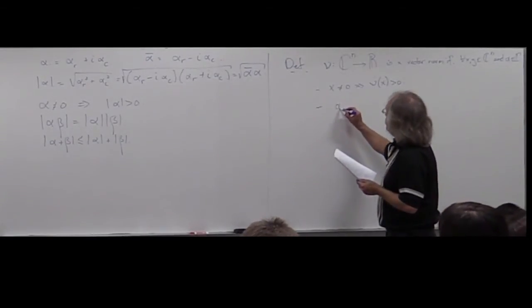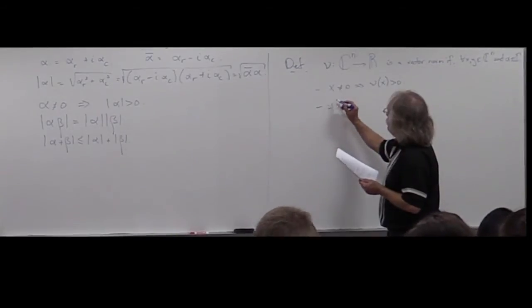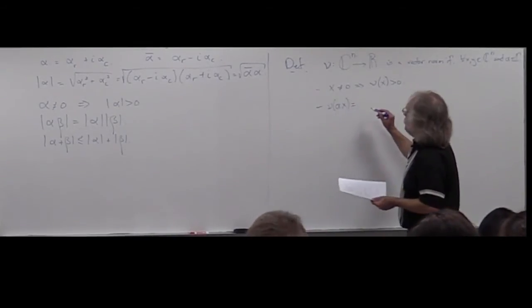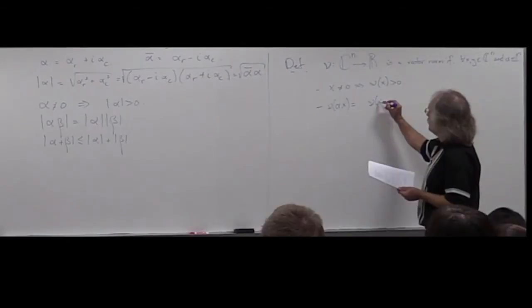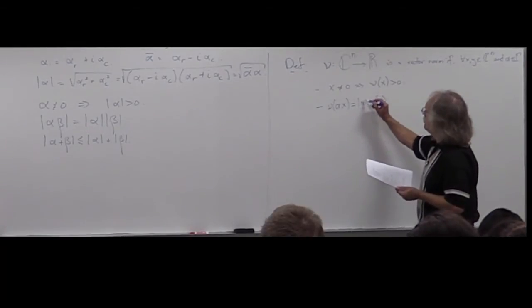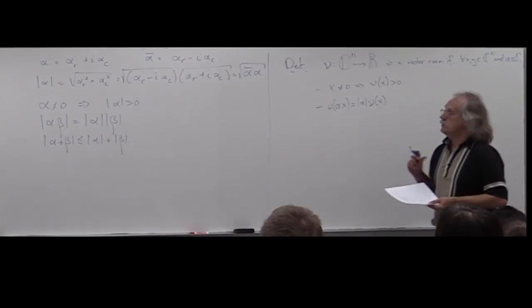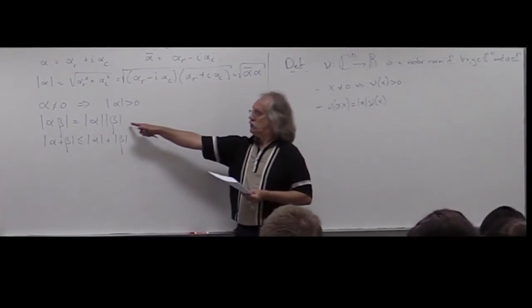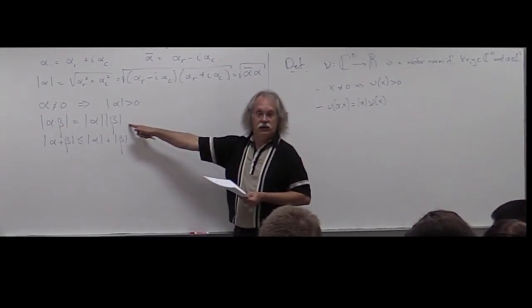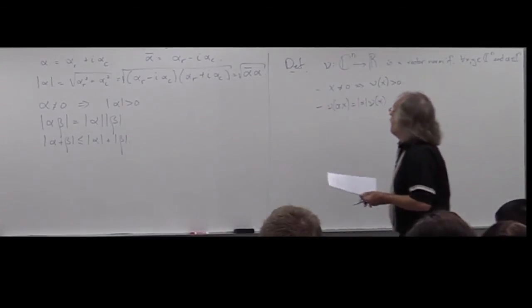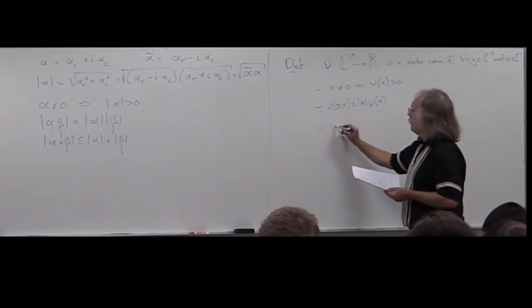If you take the vector x and then you ask how big is it, you get exactly the same answer as if you ask how big x is and then you multiply it by the absolute value of alpha. That's the equivalent of this, that's homogeneity. And then there's the triangle inequality.